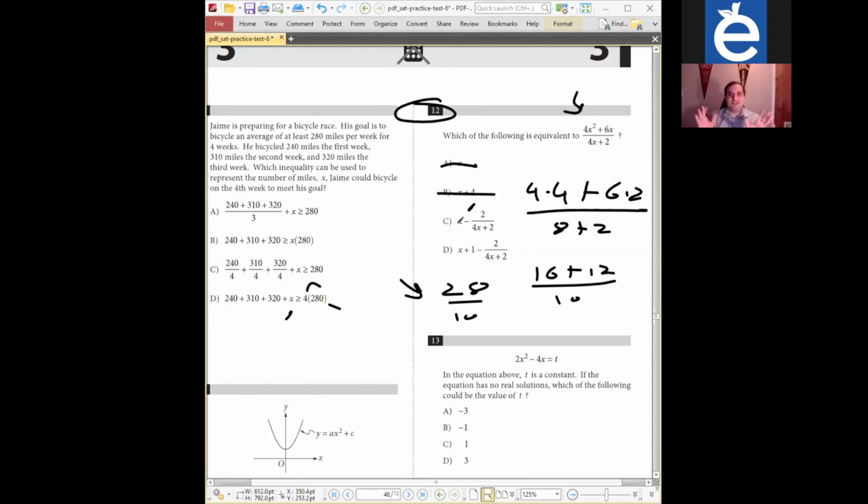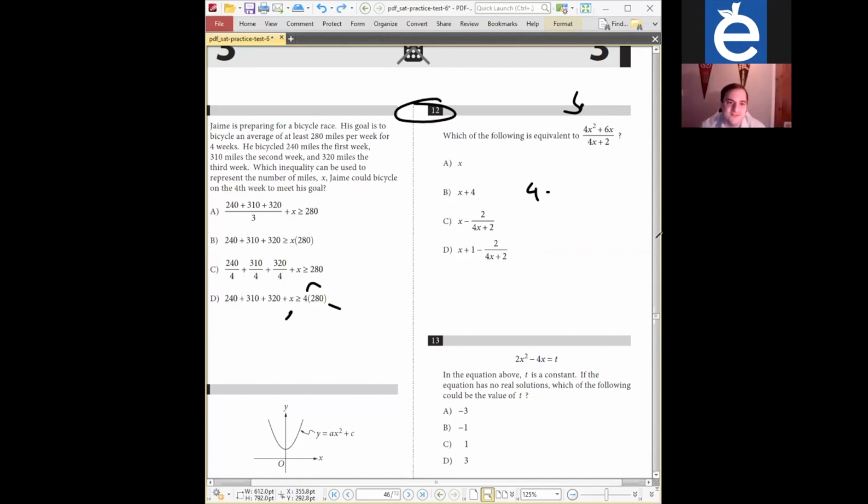Now, this one, it just so happens you don't even need to plug them in, because we know we needed a fraction that's greater than 2, and D is the only one to do it because it would be 2 plus 1 minus some value. But again, for the purposes of illustration, this would become 2 plus 1, so 3, minus 2/10, right?